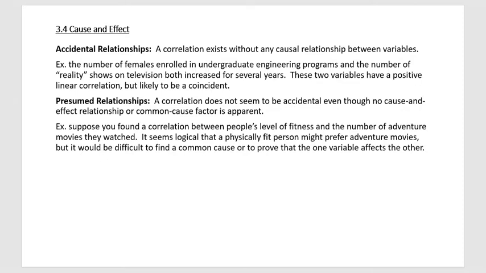You can have those both increase for several years, but it doesn't mean that they're actually related. It could just be a coincidence. Even though both numbers increase, a positive linear correlation, there's actually no relationship. It's just accidental.